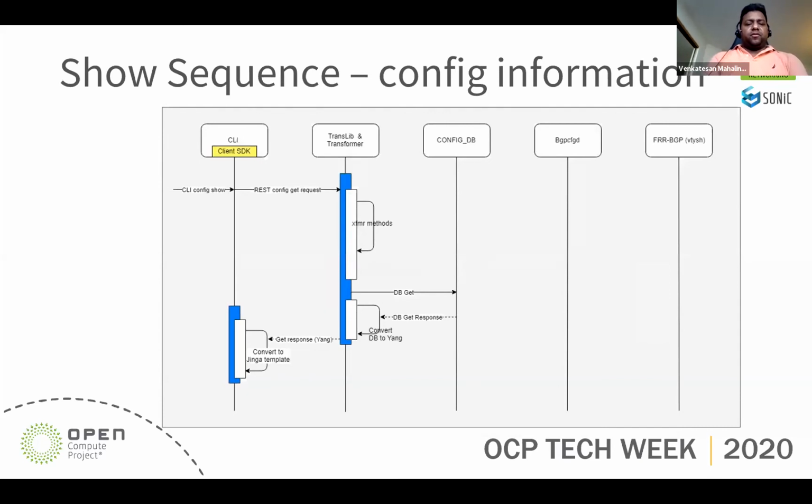The show sequence for the config information. If you take the OpenConfig Yang model, it has various parent containers and siblings, each with config and state containers, right? In order to populate the config information for a get operation, there would be a request from the northbound user, and then the translib or transformer, which is part of the management framework container, would be querying the information from config DB, populating it in a Yang data format, and returning it to the user.